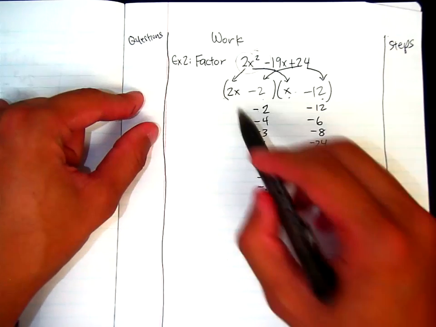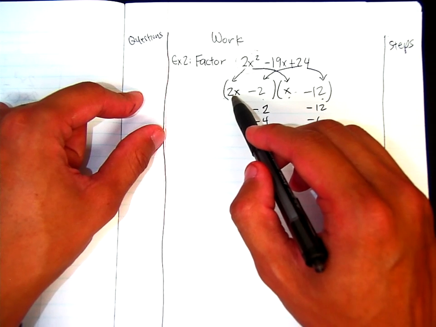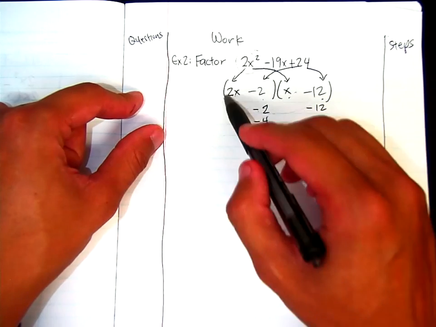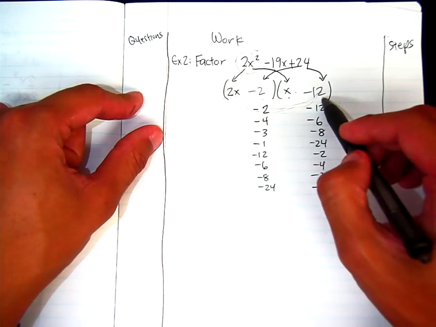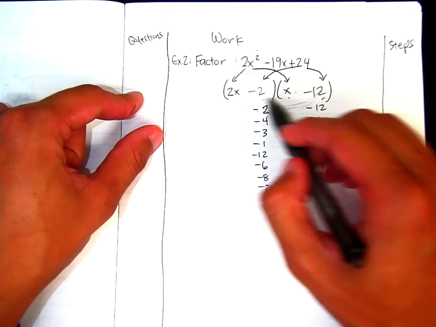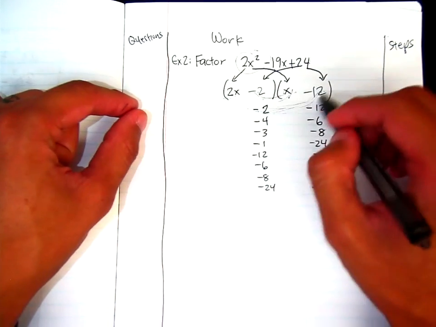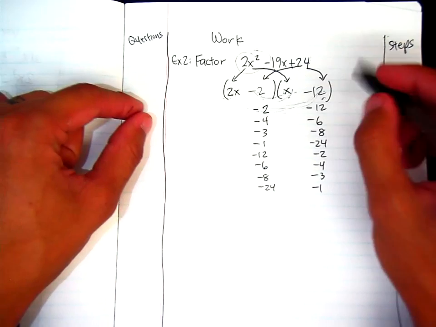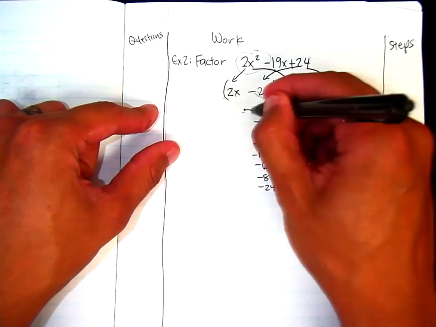I get the middle term by multiplying the outside and inside. So 2 times negative 12 is negative 24, and negative 2 times x is negative 2x. So negative 2x and negative 24x give me negative 26x. So that's not going to work.